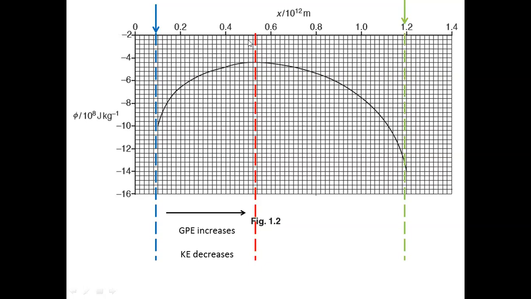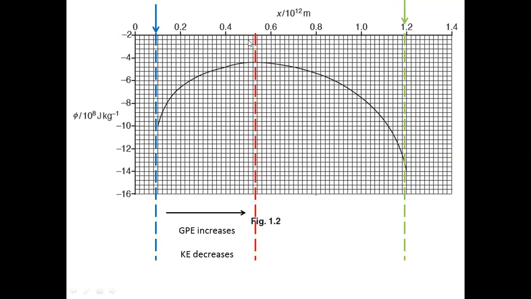Now, you might be thinking that this is a bit similar to the scenario that you have encountered during your AS level. In the AS level, the discussions on GPE use the ground as your reference point, meaning GPE at the ground is 0. And when objects are nearer to the ground, those objects will have lower GPEs as compared to objects located at a higher elevation with respect to the ground.